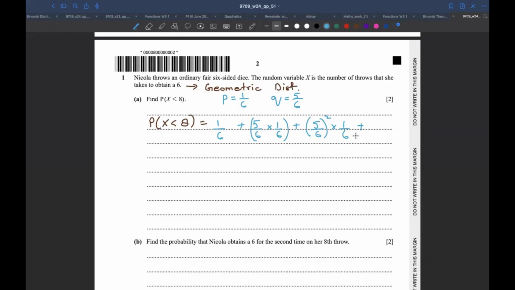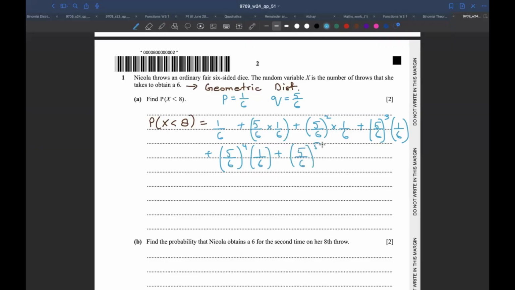So by the time I'm finished writing, we'll have the final answer with us. Now the probability of getting a 6 on the fourth attempt means 3 failures, (5 upon 6) to the power 3 multiplied by 1 upon 6, plus. For the fifth attempt, it will be (5 upon 6) to the power 4, 4 failures, and then on the fifth attempt you get it, and so on and so forth. I will go until 7.